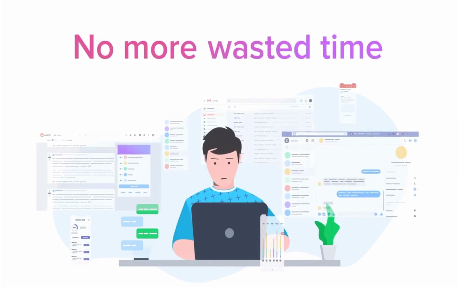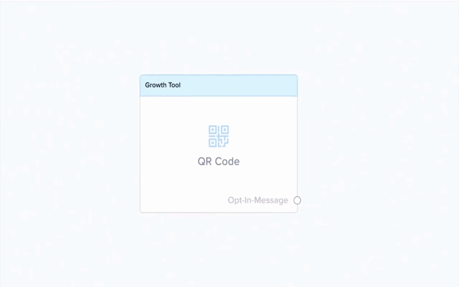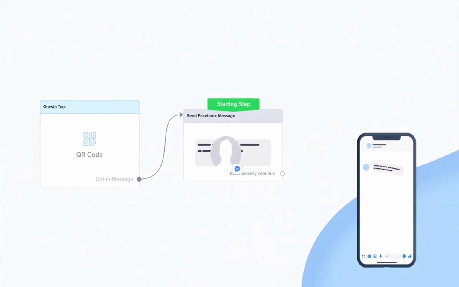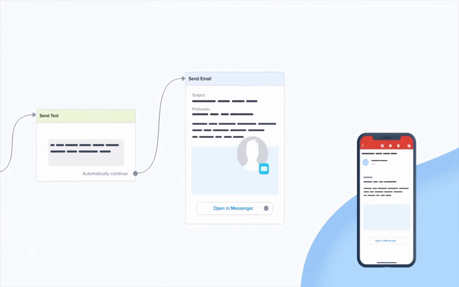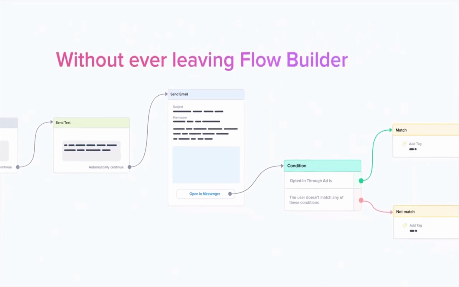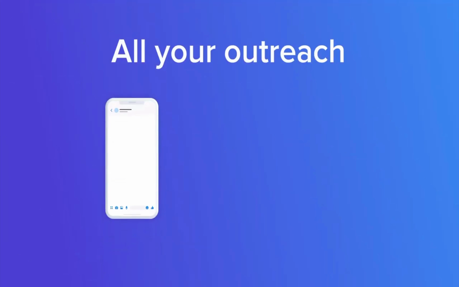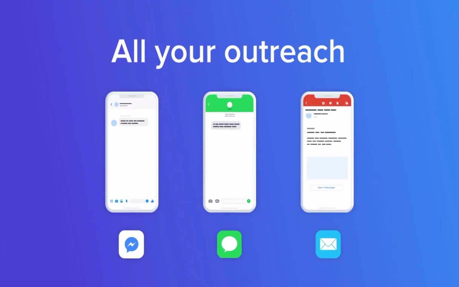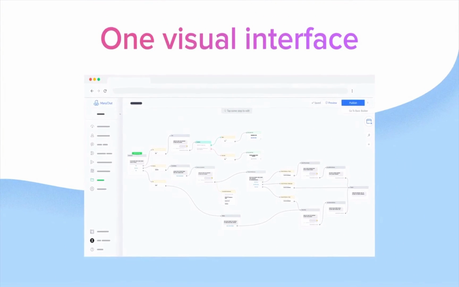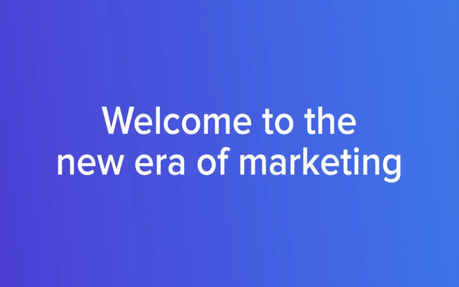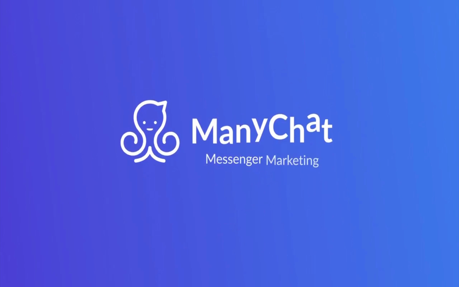No more wasted time. Send a Facebook message, or a text, or an email without ever leaving Flow Builder. All of your outreach, one visual interface. Welcome to the new era of marketing. ManyChat.